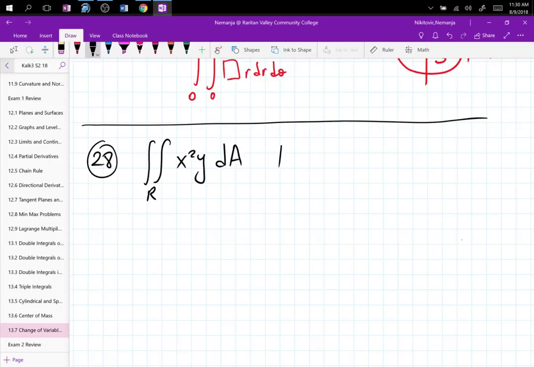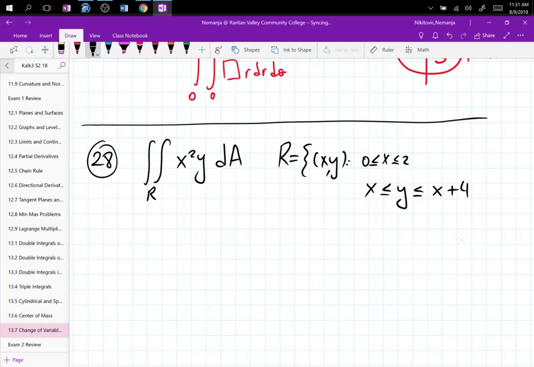Region R is given as what? We have x between 0 and 2. We have x less than y less than x plus 4. What is this?